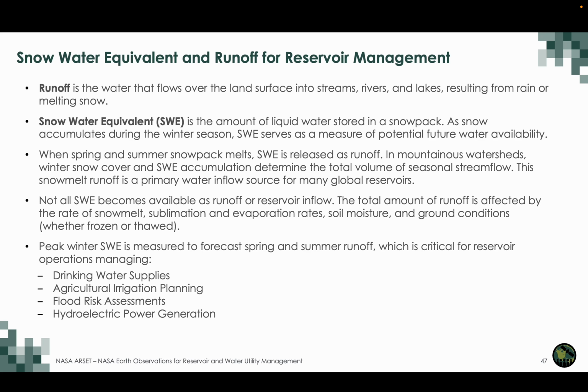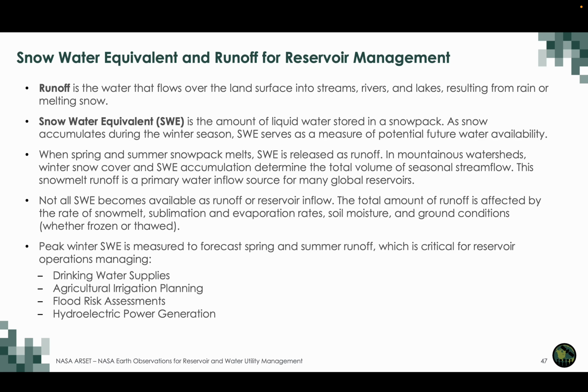There is also subsurface runoff, which contributes to reservoirs but at a much slower timescale. And snow water equivalent, as we saw earlier, is the amount of liquid water stored in a snowpack. As snow accumulates during the winter seasons and melts during spring and summer, snow water equivalent is released as runoff.